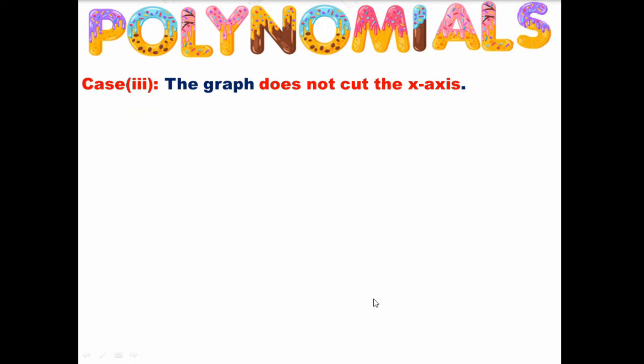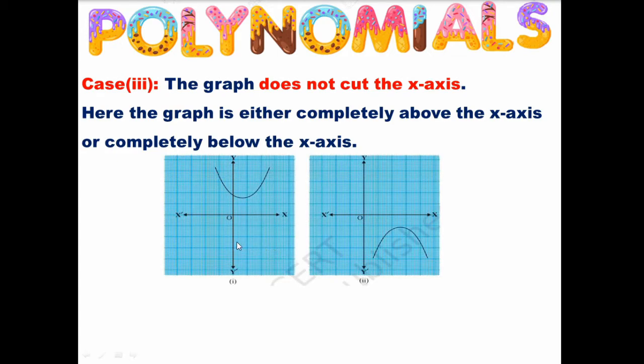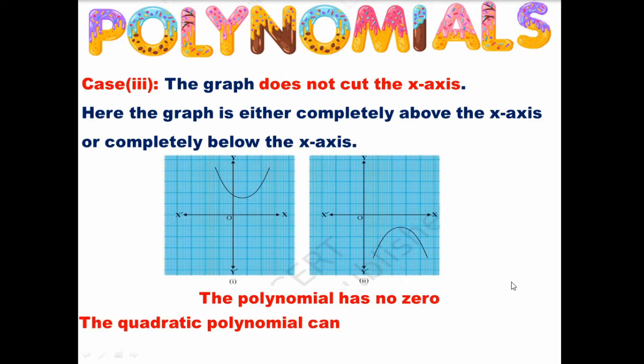And in some other case, the graph will not even cut the x-axis, that is, it lies either completely above the x-axis or below the x-axis like this. So here the graph does not touch the x-axis, so the polynomial has no zero. So in all 3 cases, we see that a quadratic polynomial can have at most 2 zeros.